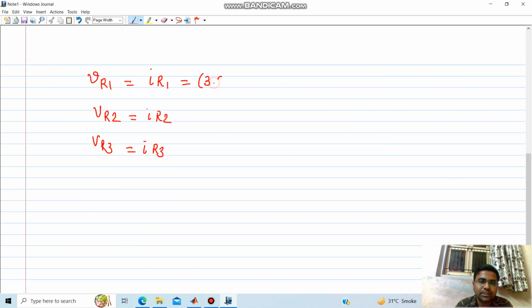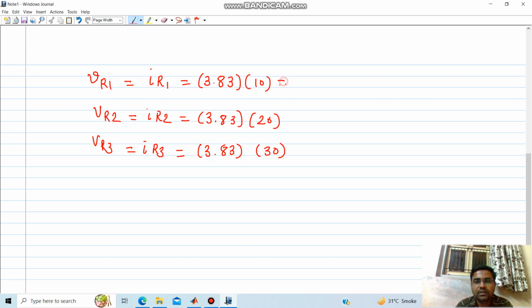So you have to substitute here: R1 is 10, similarly 3.83, because all the resistances are connected in series, so the current will be equal through R1, R2 and R3, here 20 and 30. So this gives the voltage drop across R1, R2 and R3. Okay, so this would be the answer of the sub-question of question number 3.